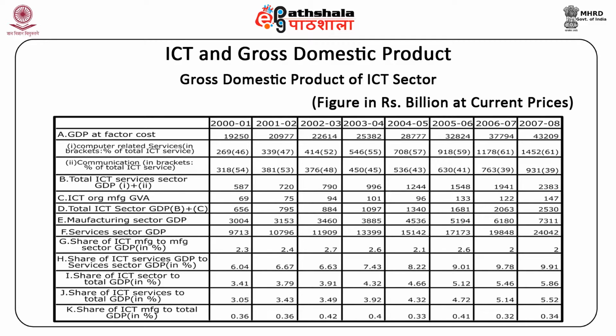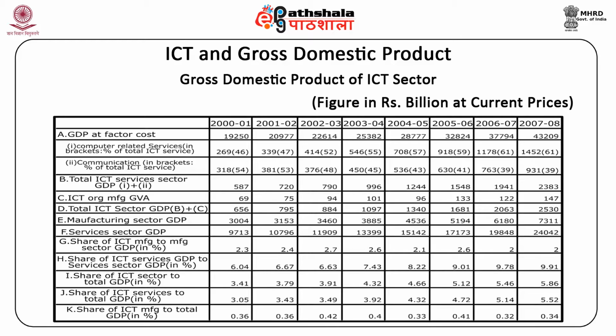If we look at the share of computer related services under the ICT component, we observe that there has been a sharp rise over the years. Computer related services increased from 318 billion rupees in 2000-2001 to 931 billion rupees in 2007-2008.